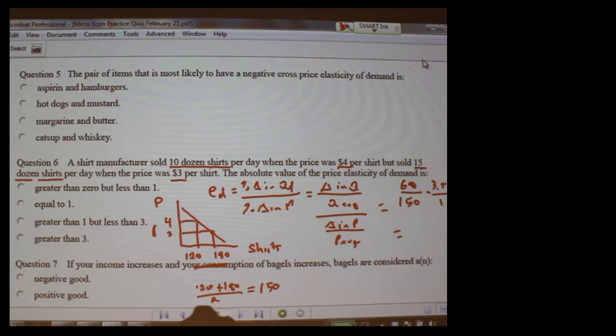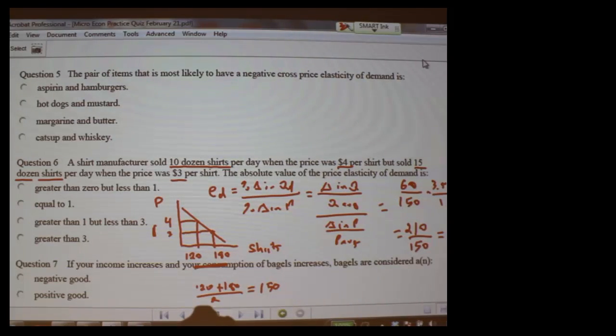This is 180, 210, right? 60 times 3.5, 210, and then over 150. So this is 60 over 50 is 2/5, 1.4.